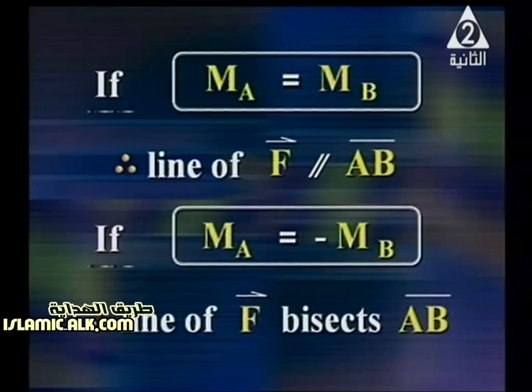When the requirement is to prove that the line of the force bisects AB, we find the moment about point A and the moment about point B, and we deduce that the moment about A equals the additive inverse of the moment about B.